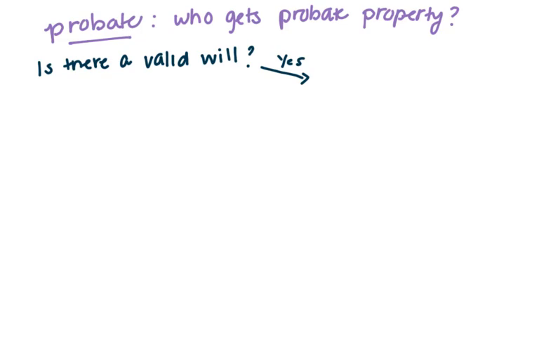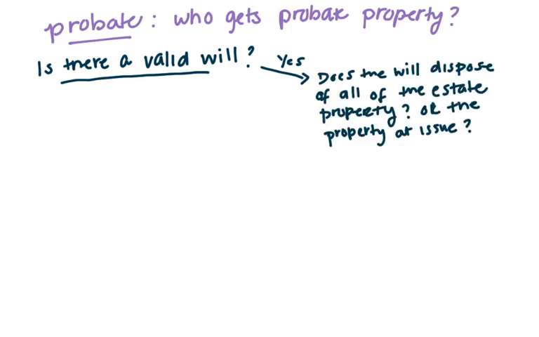We look to see first, is there a valid will? If the answer is yes, we then look at the will to see if it disposes of all of the estate property or the property at issue. If the answer is yes, then the property goes to the beneficiary that is named in the will.